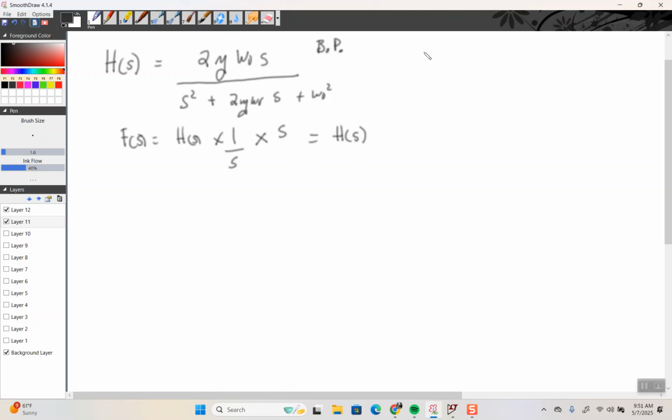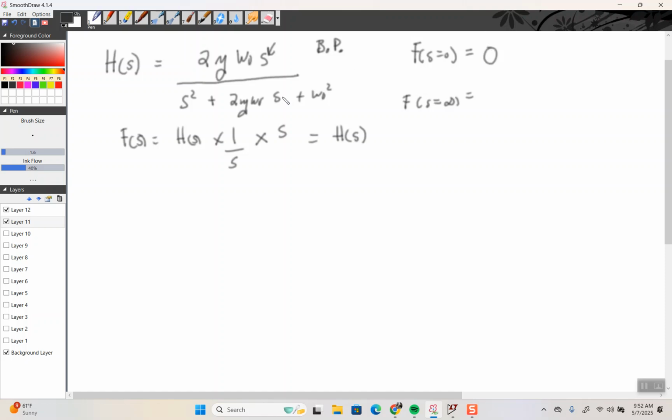So f of s at 0, f of s at infinity. Okay, f of s at 0. Well, this is 0, 0, 0. Even though it's not squared, 0 divided by a finite number is 0. Okay.